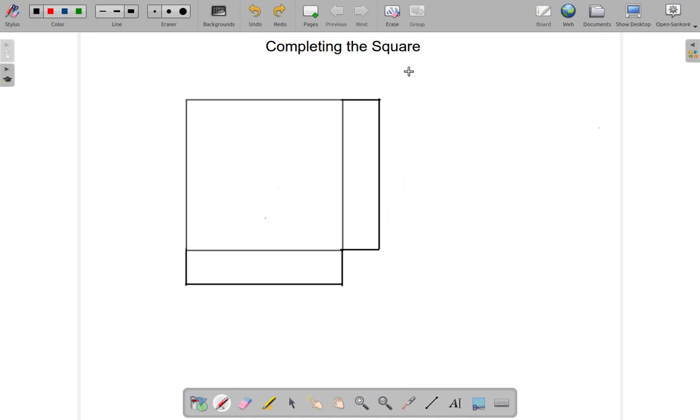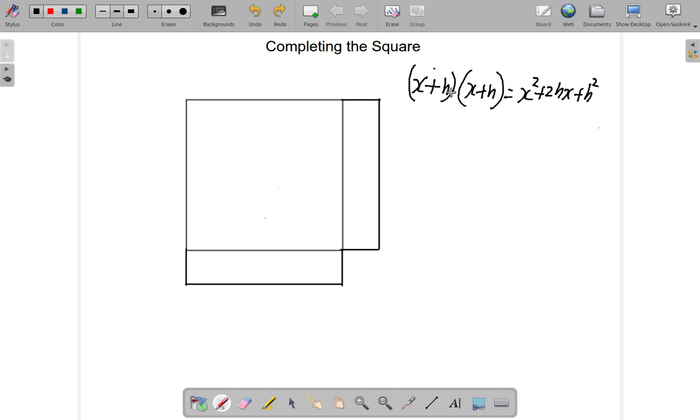Now you remember this thing here. You have x plus h by x plus h, and what you get is x squared plus 2hx plus h squared, right? x squared plus 2hx plus h squared.